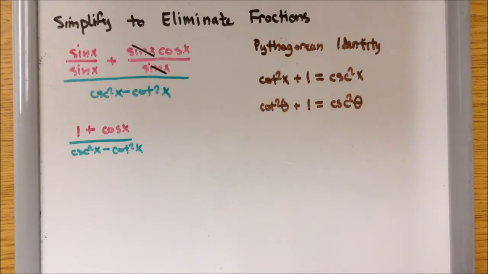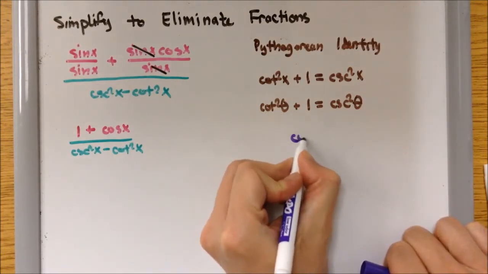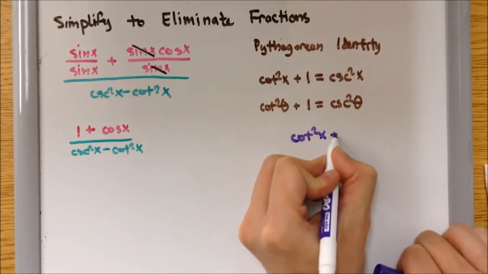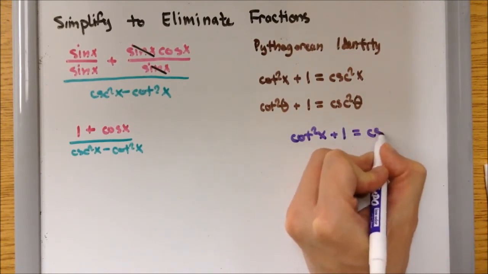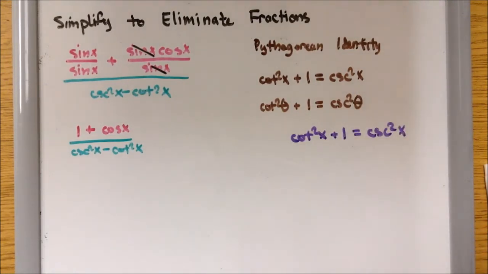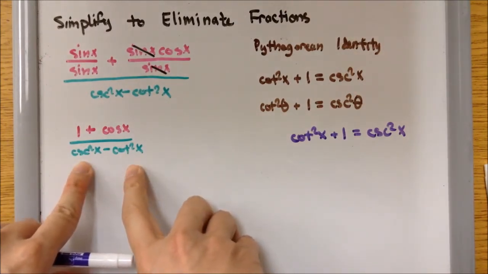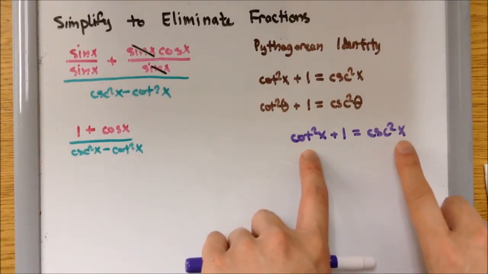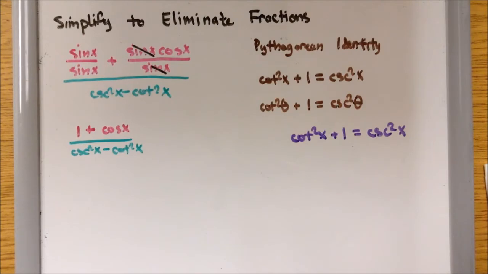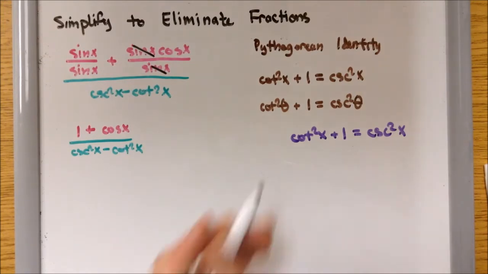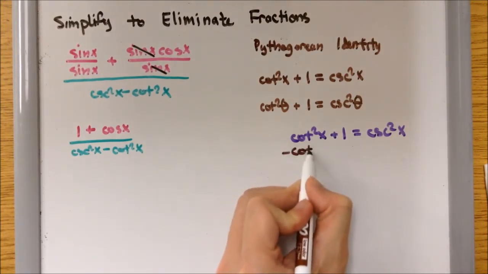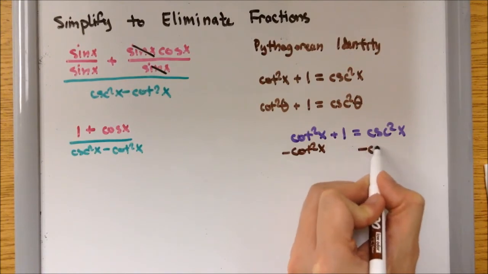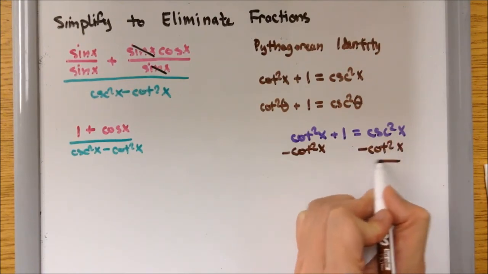Now let's talk about the first one. So if I were to do cotangent square x plus 1 equal cosecant square x. Now if I look at this one, you see how cosecant square x and cotangent square x are together. So what I need to do is get cotangent square x and cosecant square x to be on the same side. So what I'm going to do is subtract cotangent square x on the left, subtract cotangent square x on the right side.